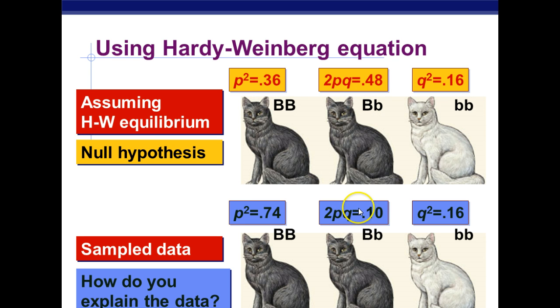The hybrids, that's these, appear to be weaker in the second generation. Do you understand? You see that? So 48% of them are hybrids in our Hardy-Weinberg equilibrium, and now only 10% are hybrids. So they appear to be weaker, or something's going on with those hybrids. And our job is to explain how you explain this data. So stay with me here.